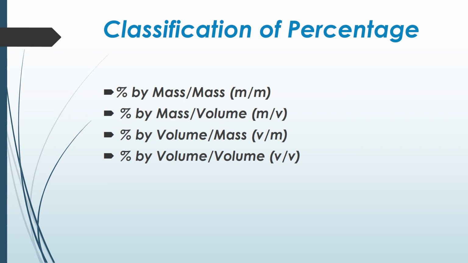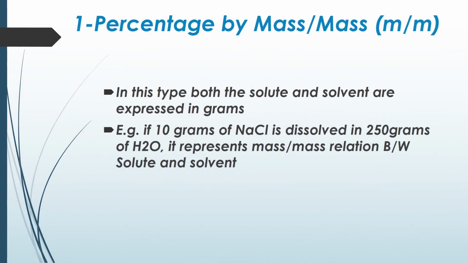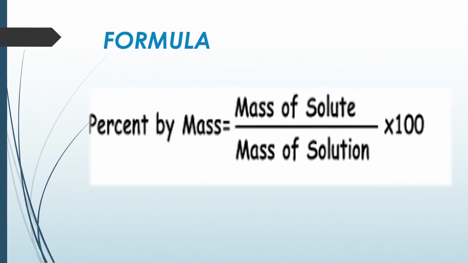We will go sequence wise. First, for 100 grams of solution, we should write the mass of solute here, 10 grams, and the 255 grams of water we have in that example should be written below the mass of solute. So the mass of solute will be written, and the mass of solution is here.